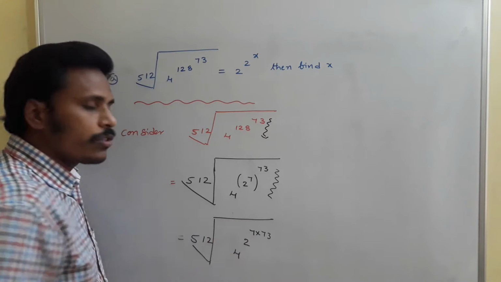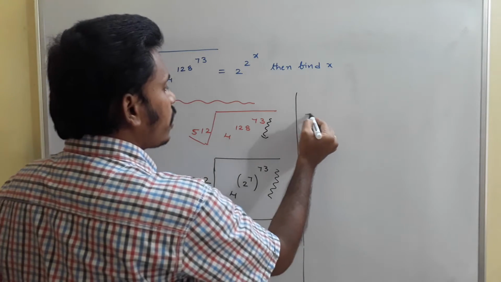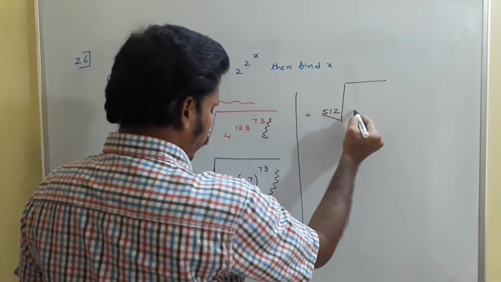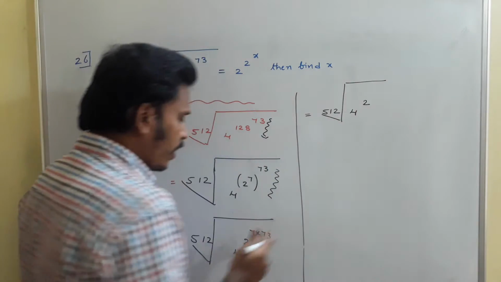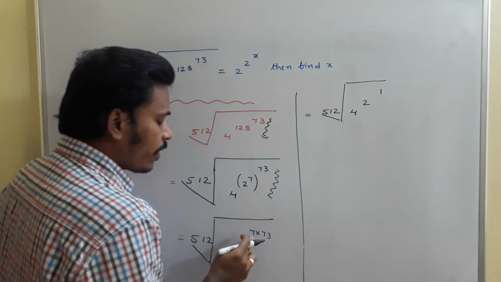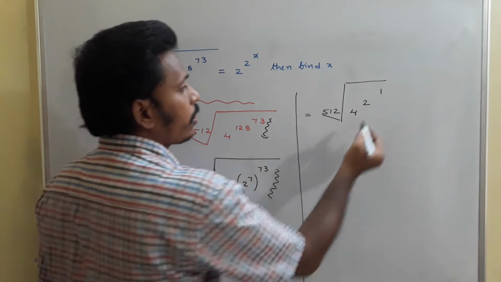Now what to say about that 7 into 73? This is equal to the 512th root of 4 to the power 2 power, and 7 into 73 we need to multiply. 7 3s are 21, 7 7s are 49, 49 plus 2 is 51.